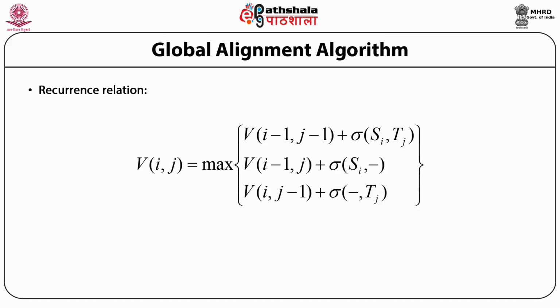You may move along, say, sequence S, but not along sequence T. In that case, the second one. You may move along sequence T, but not along sequence S. In that case, the third one. So you compare the values obtained by doing all three. Whichever one is the maximum, whichever one is the largest among the three, is the one which you use.